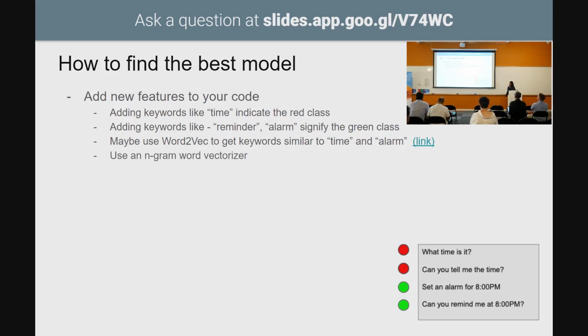Other things we can do, well, we can use scikit-learn and use n-gram vectorizers. What that means is using single words, using 2 words, 3 words, n grams, which means how many grams do you want in a vectorizer.